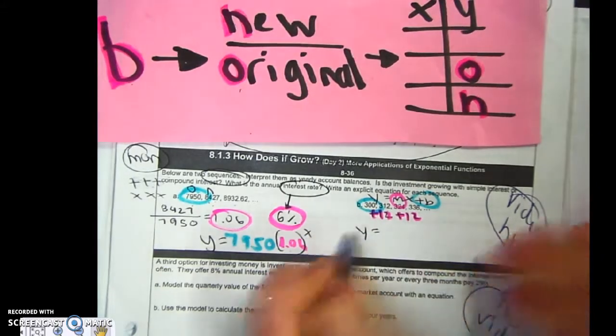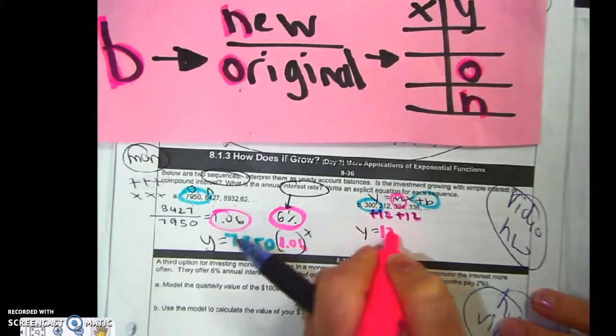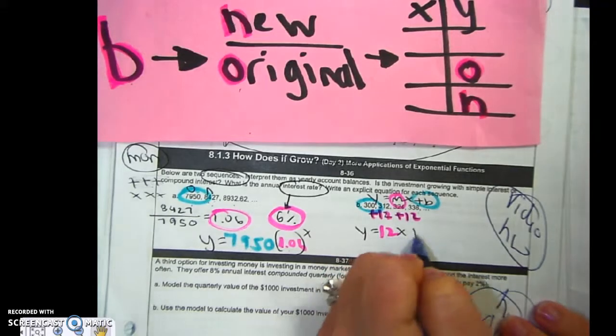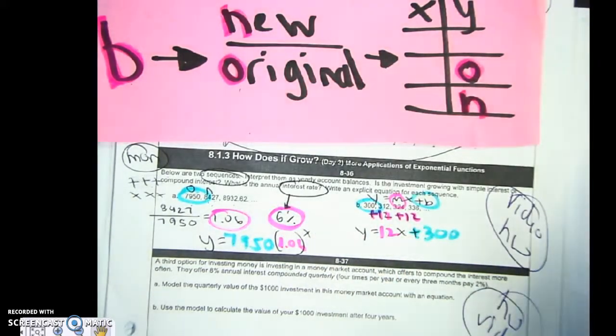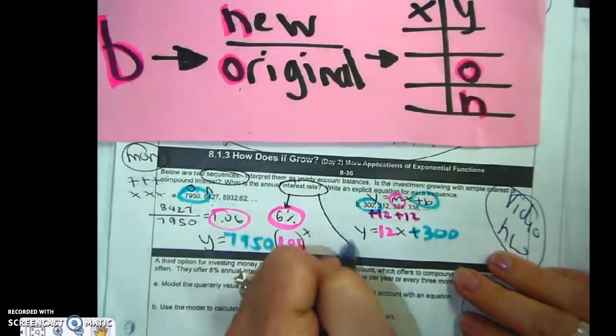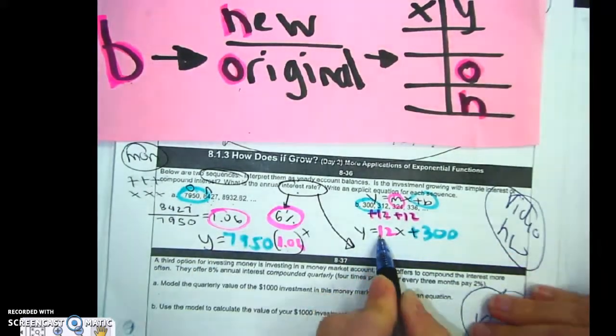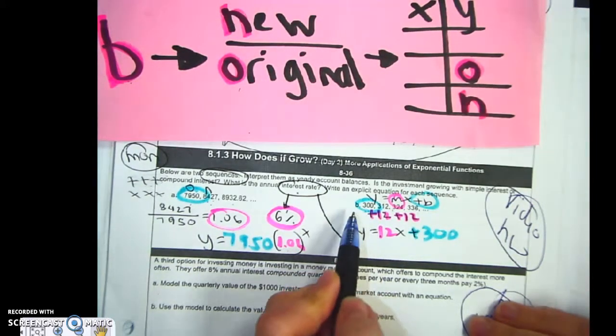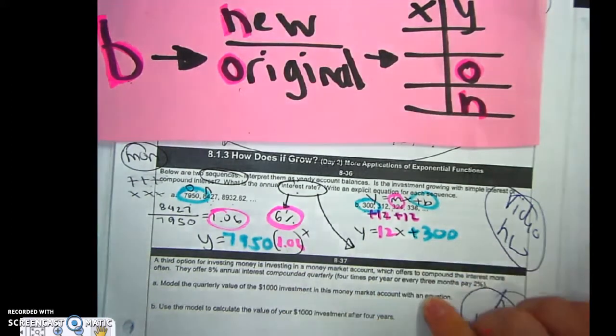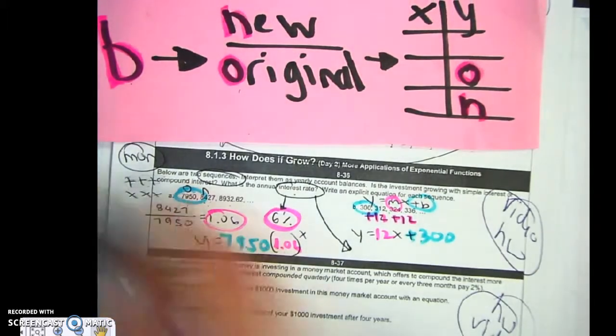So now y equals, this one was a little bit easier, 12x plus 300. Now they want to know the interest rate. The interest rate isn't 12, okay?